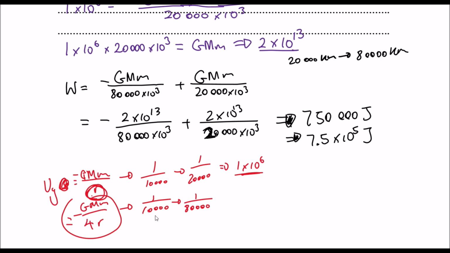So to go from 10,000 kilometers to 80,000 kilometers, you would have required a quarter of the amount of work in comparison to going from 10,000 to 20,000 kilometers. So it would have been this value times a quarter, which would yield 2.5 times 10 to the power of 5 joules.